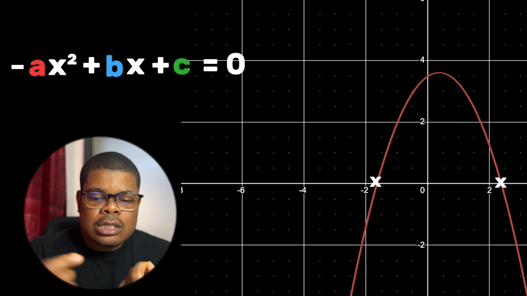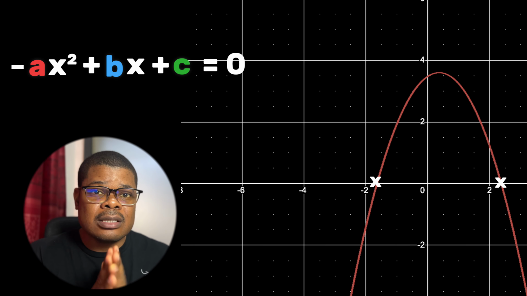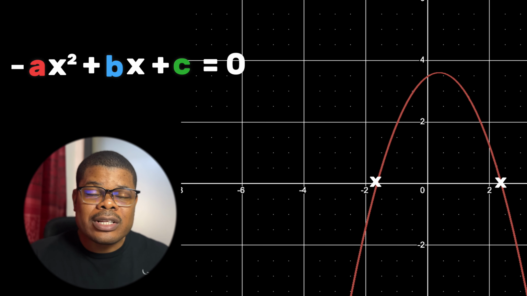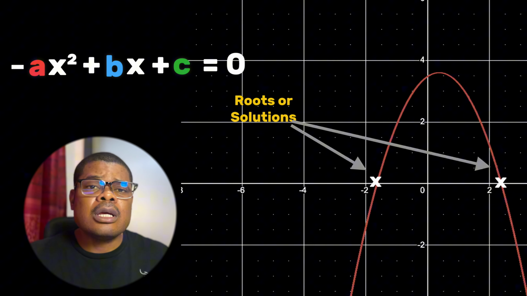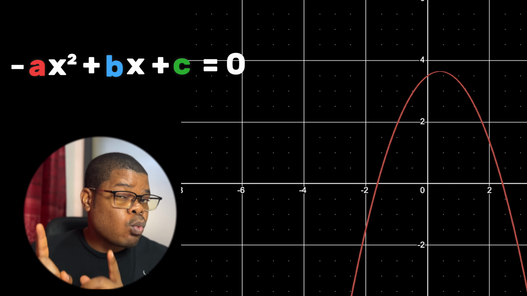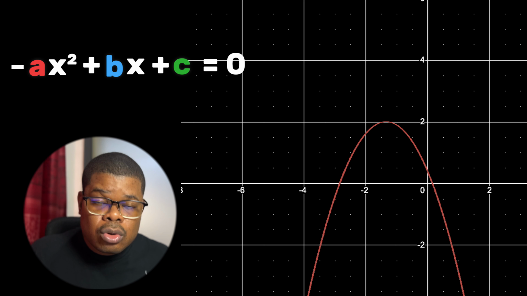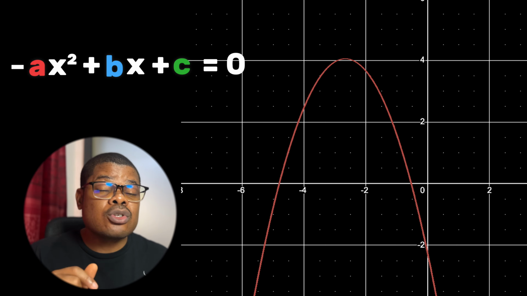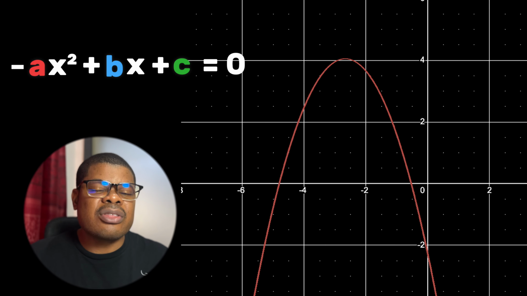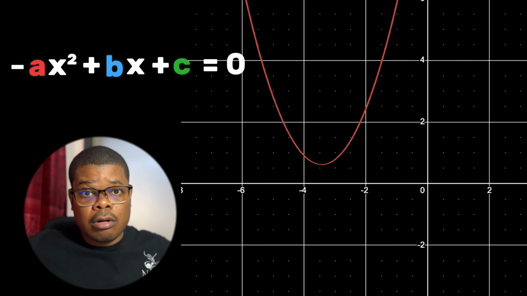And when we find these 2 points where the parabola cuts the x-axis, we call these 2 points the roots of the equation. There are instances where this parabola only cuts at 1 point in the x-axis. There are times that it cuts 2 points in the x-axis, and there are also times that it cuts nothing. That means there is no solution, and that means that the graph is like floating.